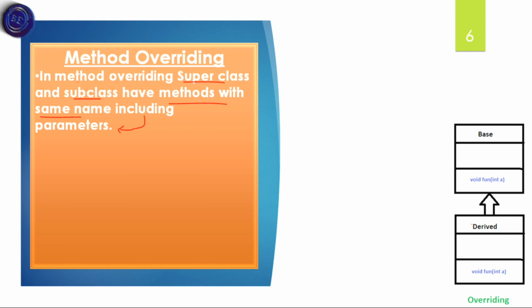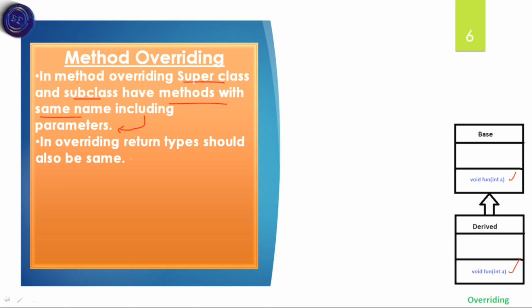So here is a base class which has a void function with int a. Coming to the derived class, it also has the same method with the same parameter. In overriding, return types should also be the same, while in method overloading return types can be different.